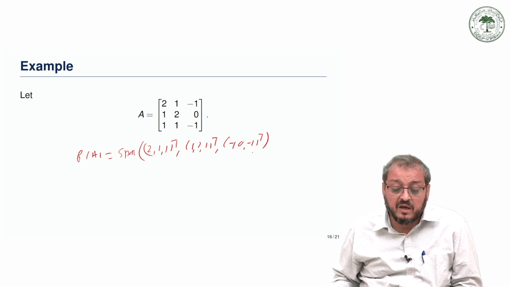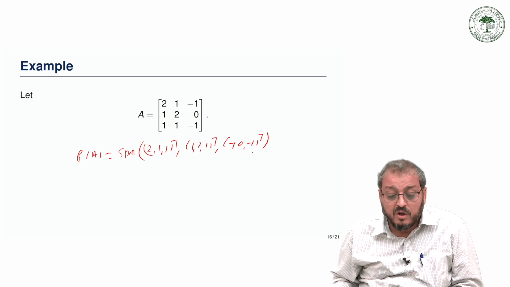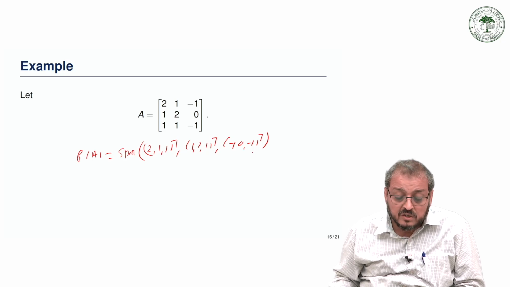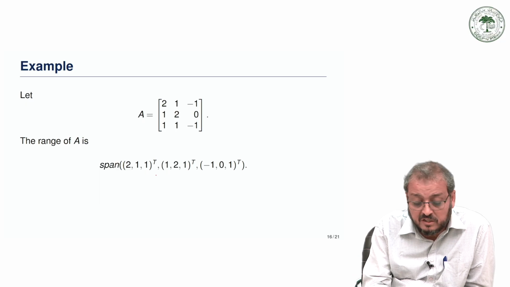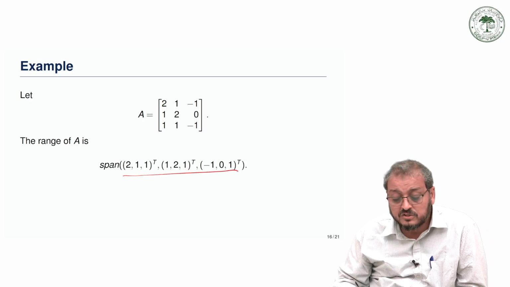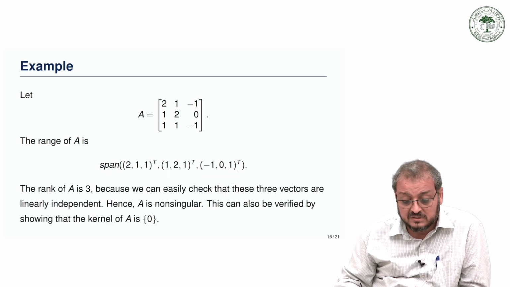Now we check whether these 3 vectors are linearly independent or not, because the range is the span of these 3 vectors. If they are linearly independent, then we can say that this is true.